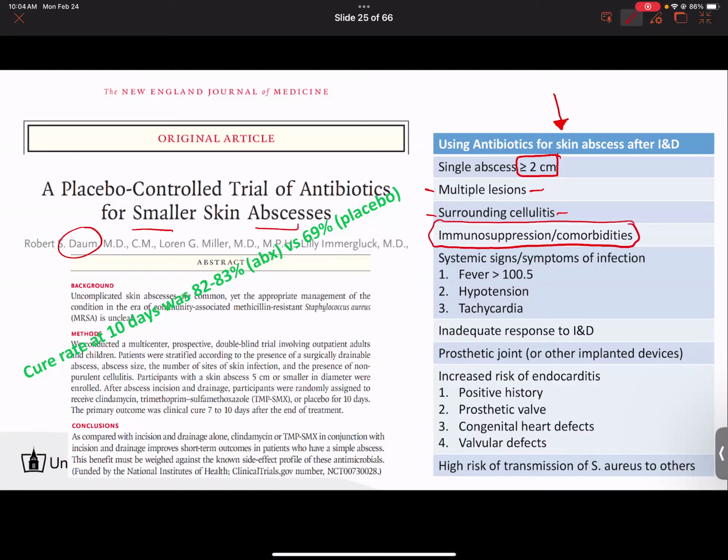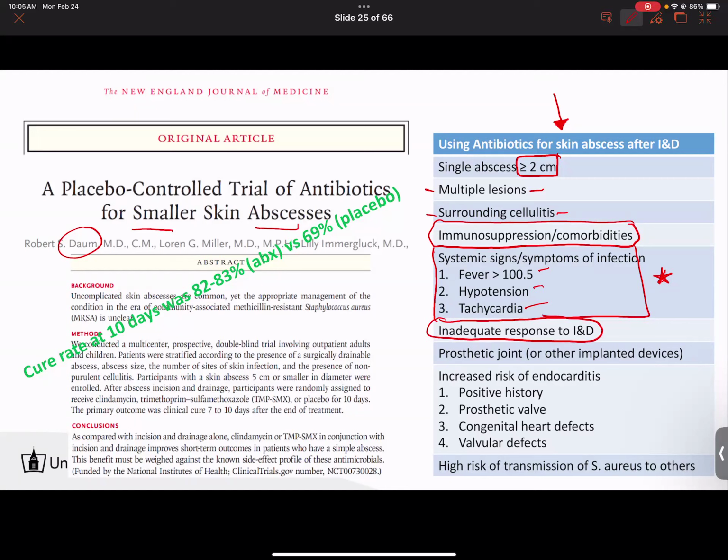Remember, if we have an immunocompromised patient, it's complicated. Antibiotics. A patient that presents with systemic signs of infection, SIRS criteria, whether it's a fever, leukocytosis or leukopenia, hypotension, tachycardia. Any of those are probably good indications then for antibiotic short course after incision and drainage.